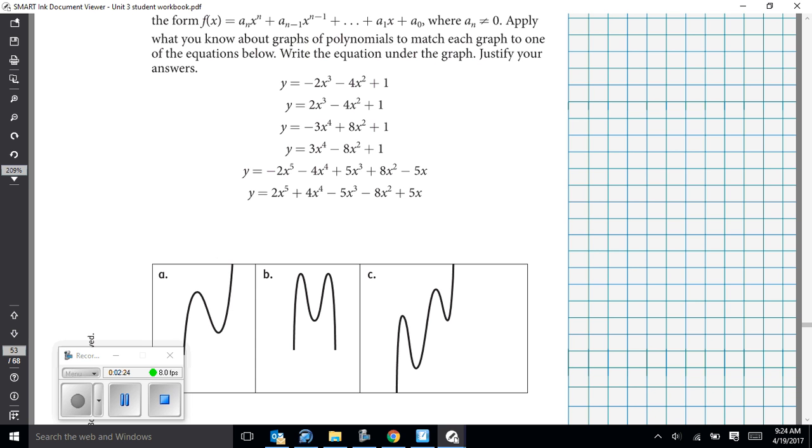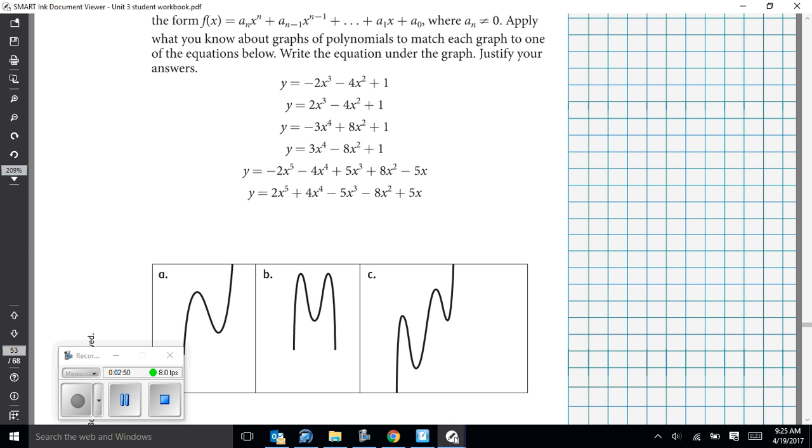When we talked about an odd function, the highest exponent for an odd degree function is what? What does odd tell you? An odd number. So if it's an odd degree function, it's 3, 5, 7, one of those.